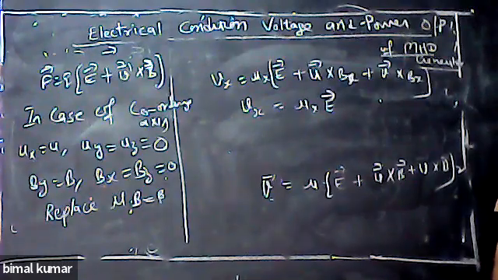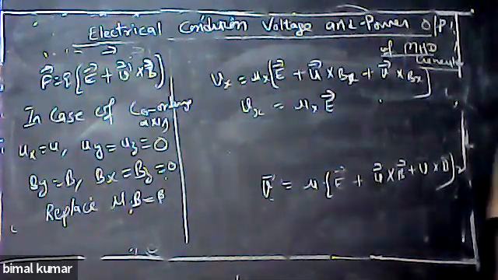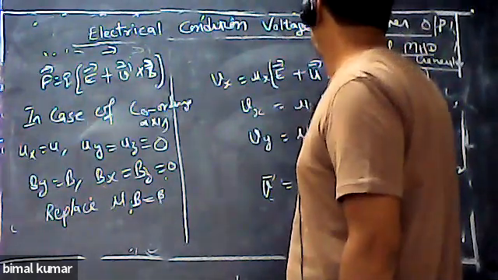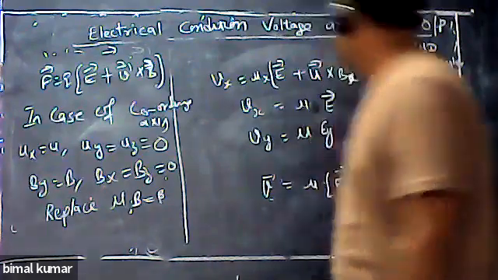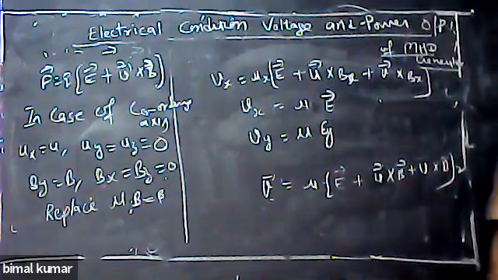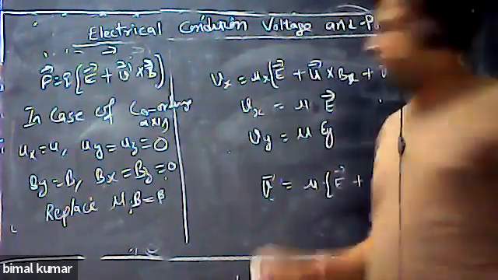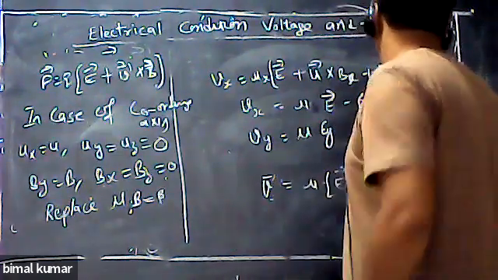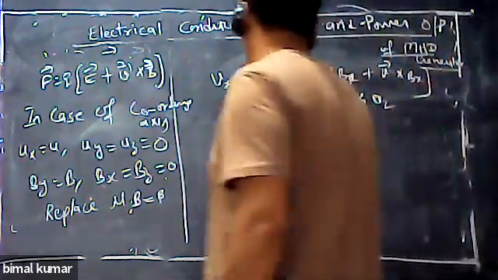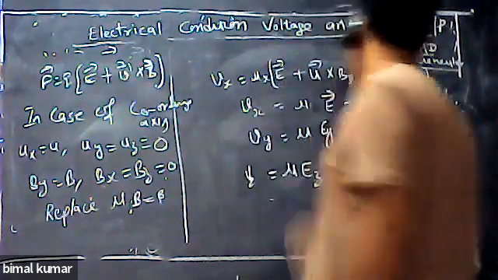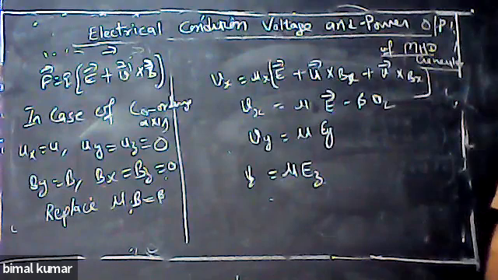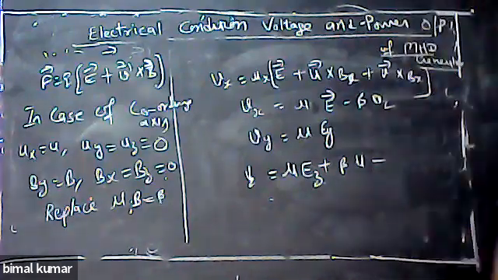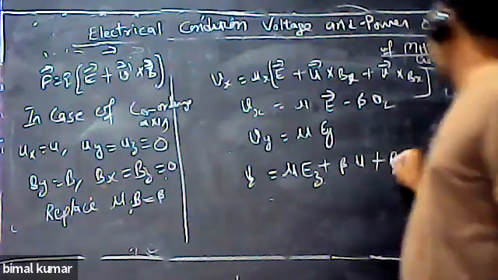In a similar manner, Vy is equal to mu Ey, and Vz is equal to mu Ez, then plus beta u, then plus beta Vx.